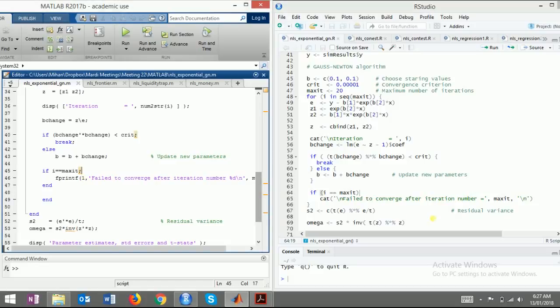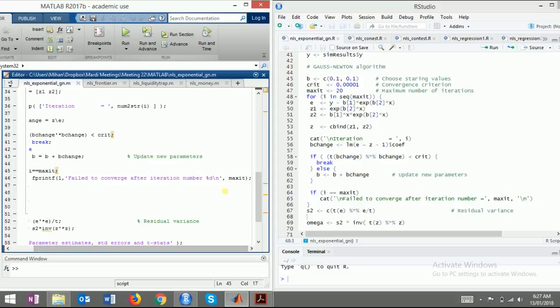Is not in case of MATLAB. Failed to converge up to iteration number. This maximum number of iterations retrieved starts with an N, ends with an N, equals maximum. That's all.